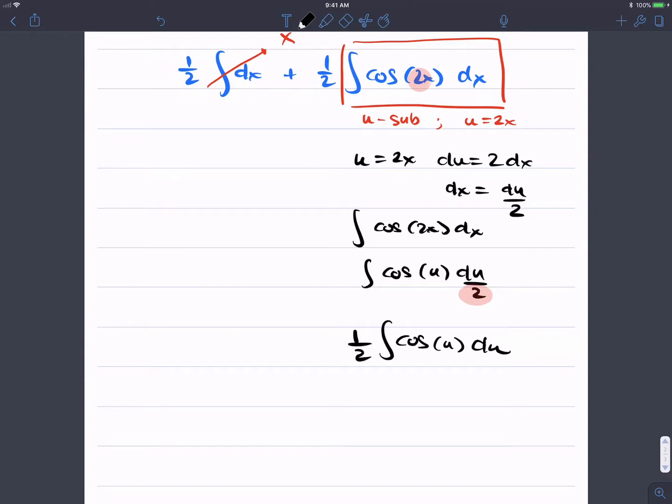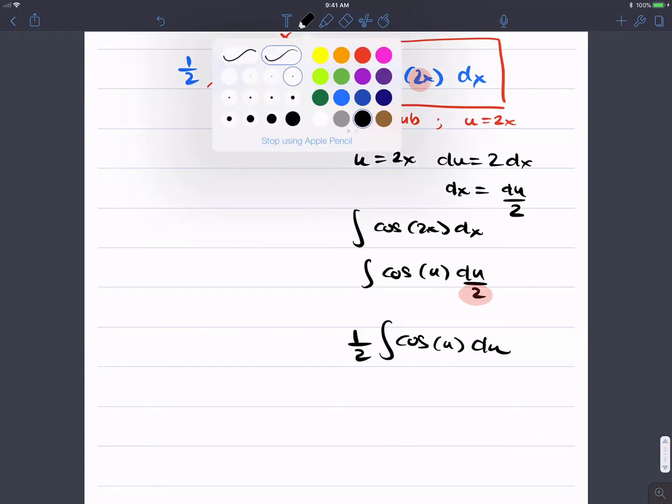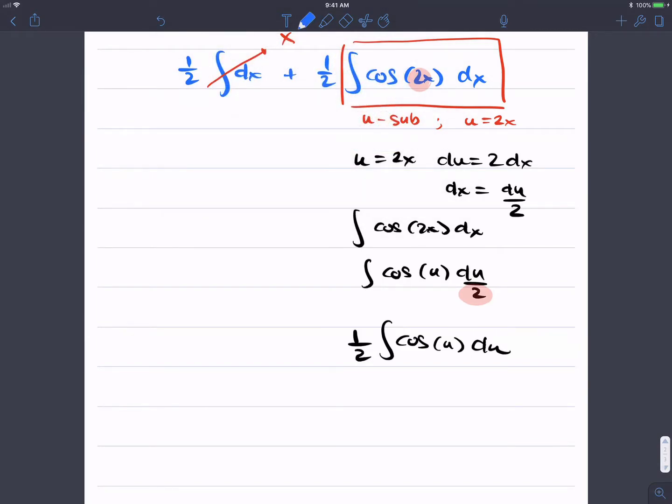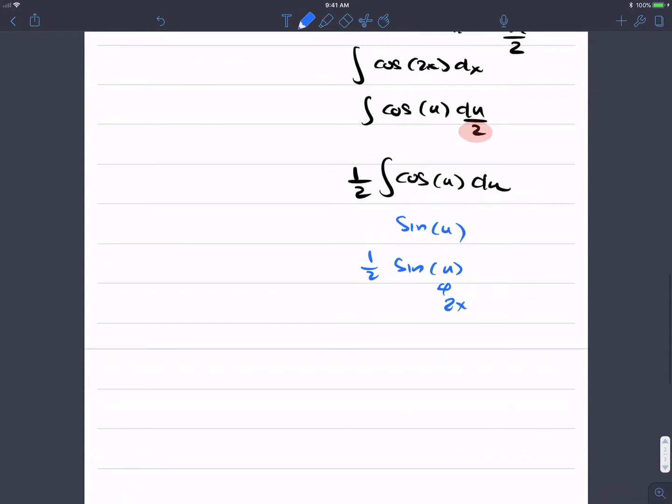So I'm going to replace this integral with sine u, so what I really have is 1/2 sine u. And u, let's not forget, is 2x, so I'm going to replace u with 2x, and now I have 1/2 sine 2x.